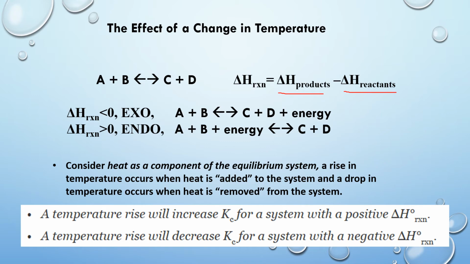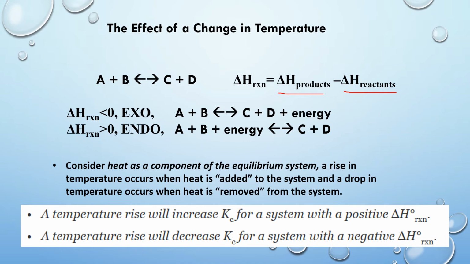The amount of energy is the concentration. For example, if I have a high temperature, that means I have high energy, so if I consider energy as a component in this equilibrium, that means the energy has a high concentration. So to determine the effect of this energy, you can use the same way as you use to determine the effect for the concentration.